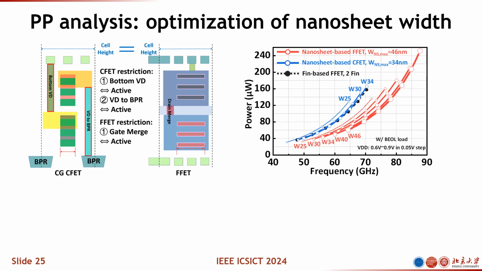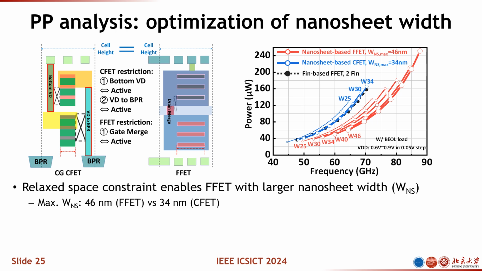And we also studied the performance of the FlipFET based on the nanosheet structure. As you can see, because of the independent routing and the nanosheet design, for the FlipFET to enable the GAA structure or nanosheet structure, you can have a much wider or larger active area, so that you will have a better performance.